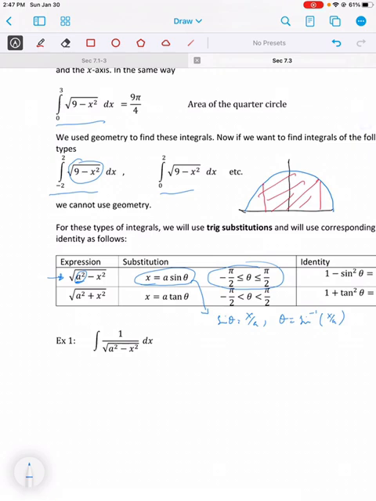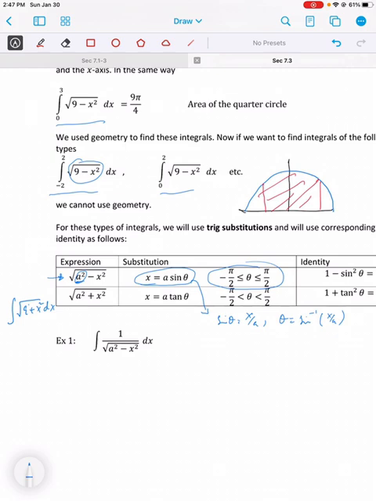The second case is when you have a quantity a squared plus x squared under the square root. So for example, if you want to evaluate an integral like this, 9 plus x squared dx, then you will be using the substitution x is equal to a tangent theta.